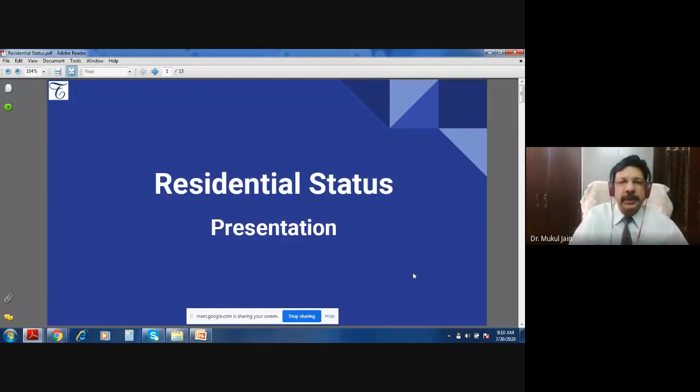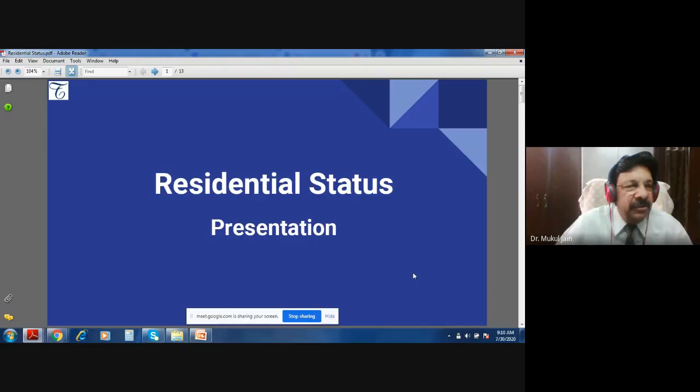Whether it's an individual, a business firm, or a company, we need to determine the residential status of the company or of the individual. If the person is a resident of India, then the Indian tax laws will apply.